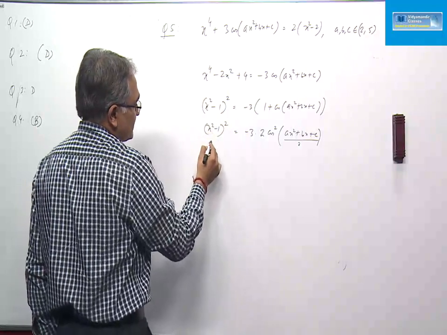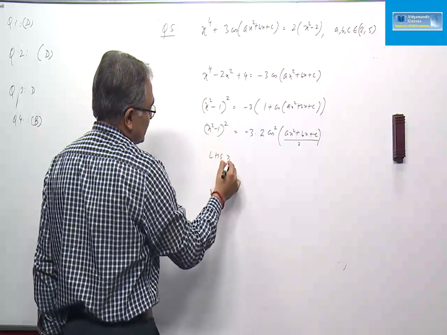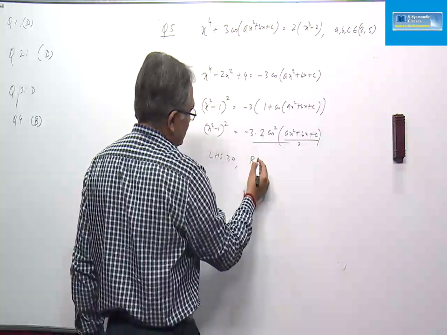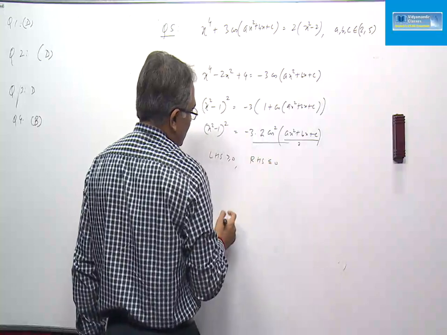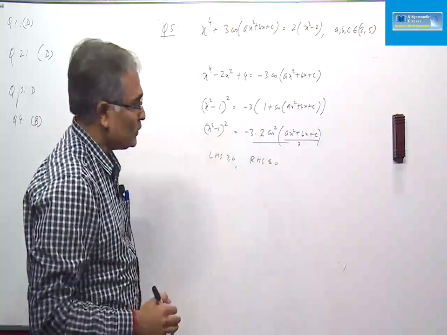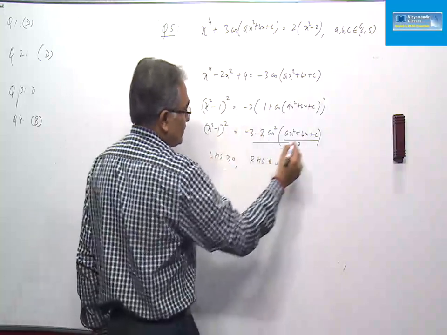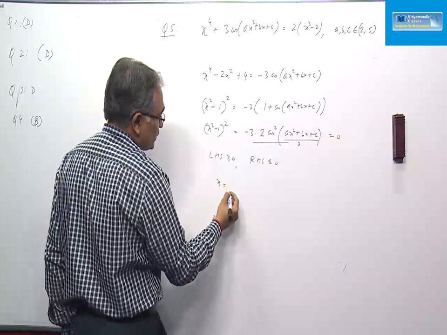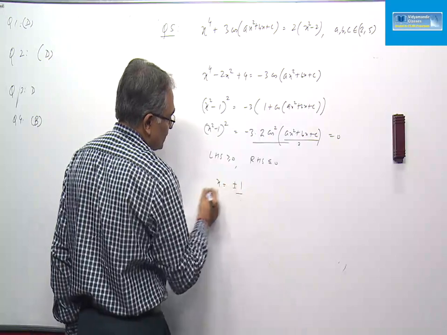Now this side, the LHS, is clearly greater than or equal to 0 and simultaneously the RHS is less than or equal to 0. Hence for this equation to have a solution, both must be 0. Hence you are left with two distinct solutions, x is equal to plus minus 1. Right?